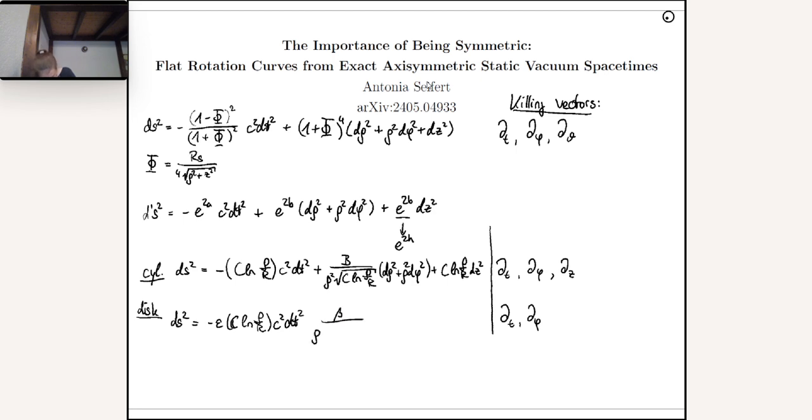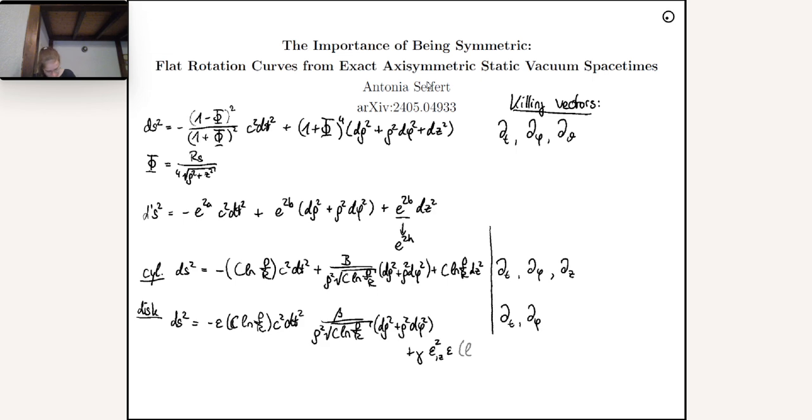We have some constant beta, rho squared c ln(rho over R), again rho squared plus rho squared d phi squared. And in the z part, we have another constant gamma, and then we find the derivative of the epsilon function squared times the epsilon function times c ln(rho over R) dz squared.